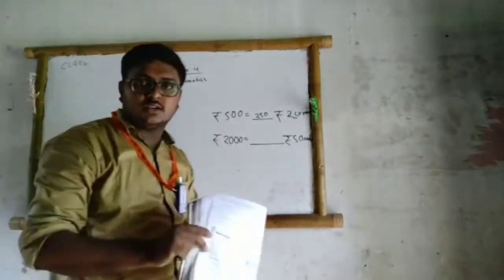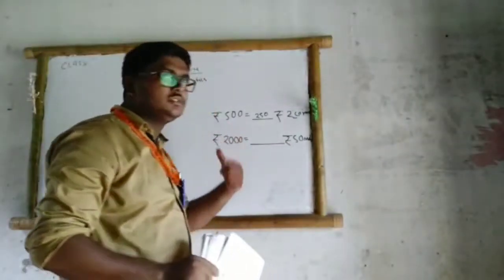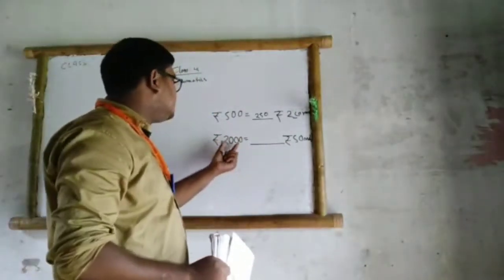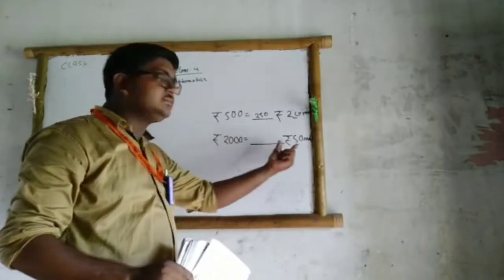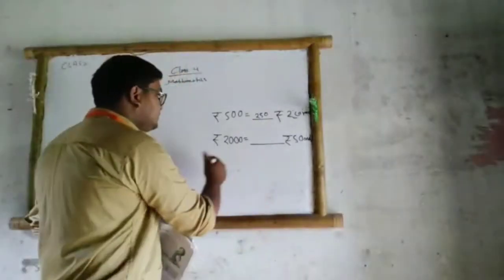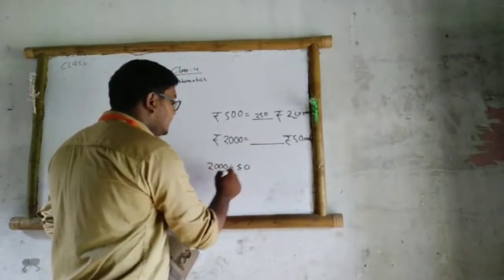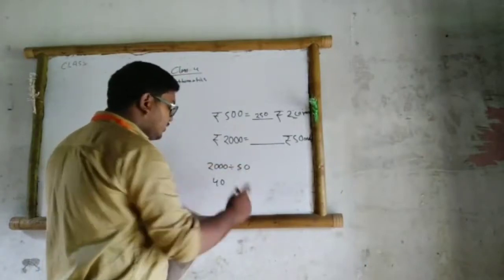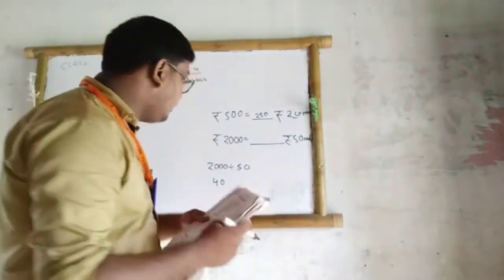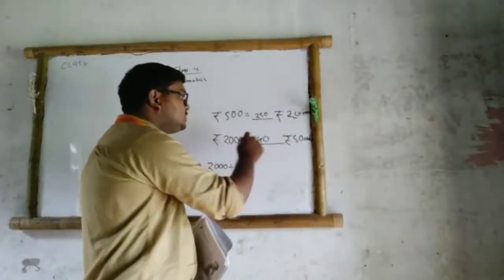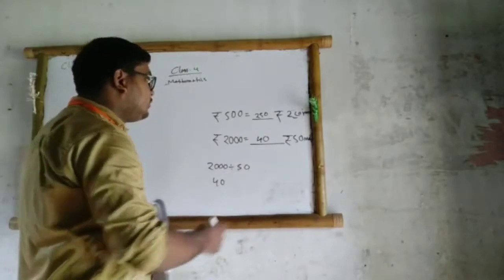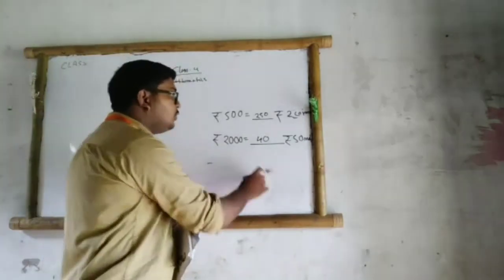Now no need to convert this rupees into paisa. You can just divide this 2000 by 50, and the answer will be 40. So rupees 2000 is equal to 40 rupees 50 notes.